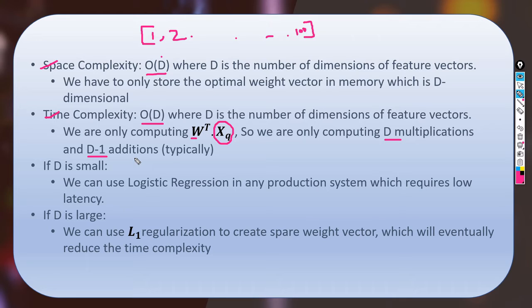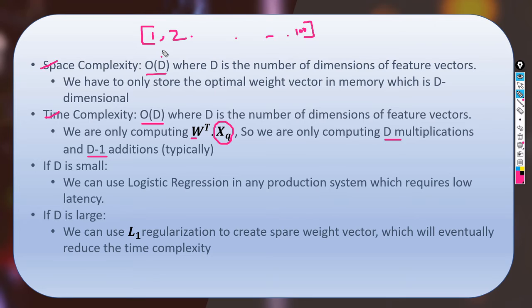Like for KNN, we have seen that we have to load all the training data in memory. That was humongous. But here you just need a very small space just to store a d-dimensional vector.